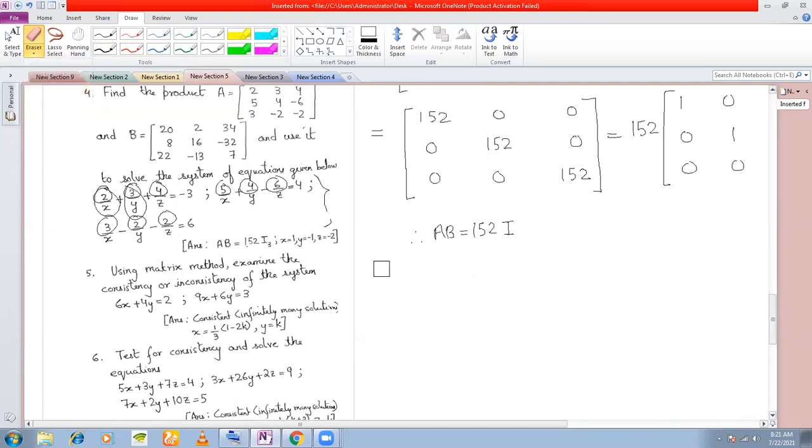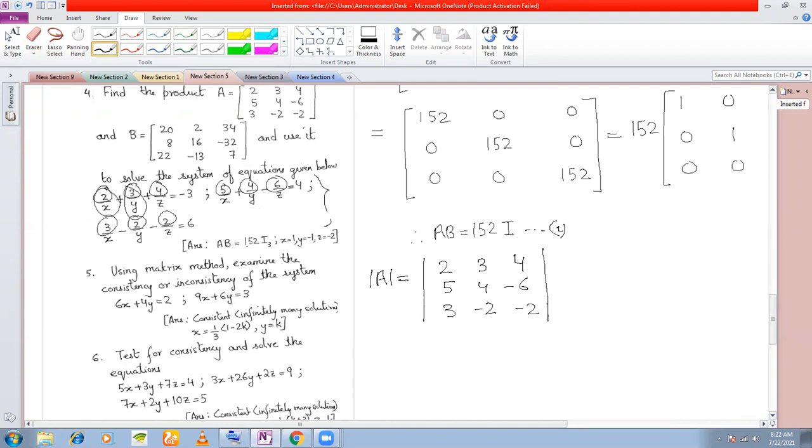Okay, so first of all, let us see whether A inverse exists or not. Call this 1. So first we'll find out the determinant value of A. Determinant value of A here is, from the determinant, 2, 3, 4, 5, 4, minus 6, 3, minus 2, minus 2. This determinant we are finding not to find out the inverse.